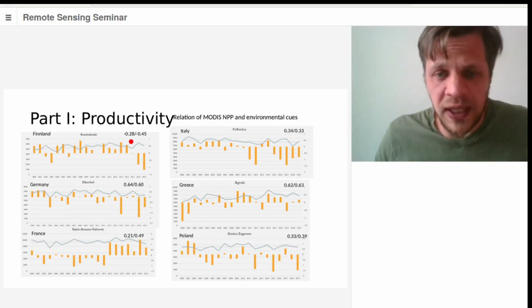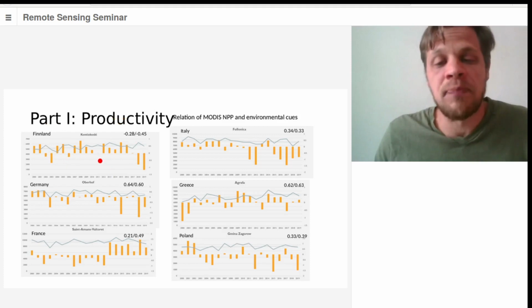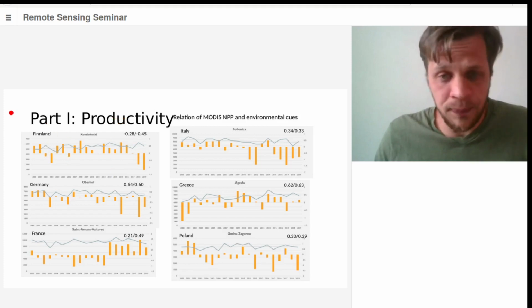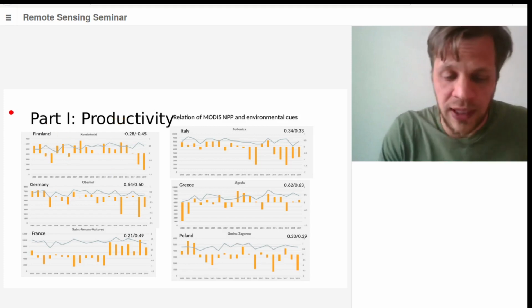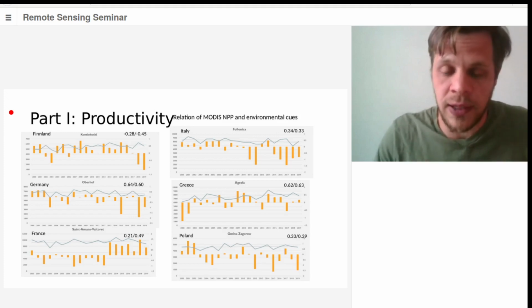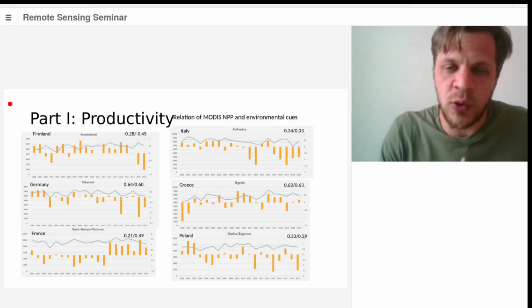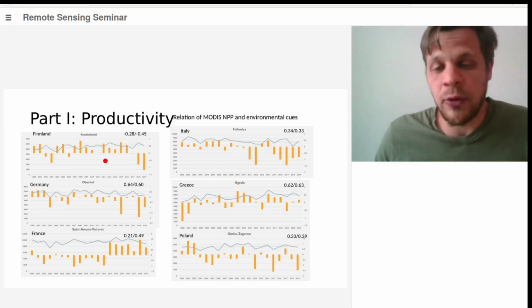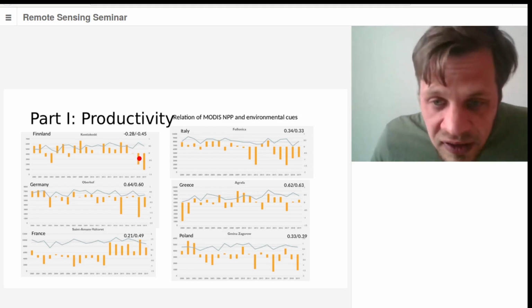So it could be that over the long time period, these stands were on average less productive because they were situated in a very moist environment, which inhibited tree growth, and therefore in dry years trees grew a little bit better. But what you see here is 2018, this bar, and 19.